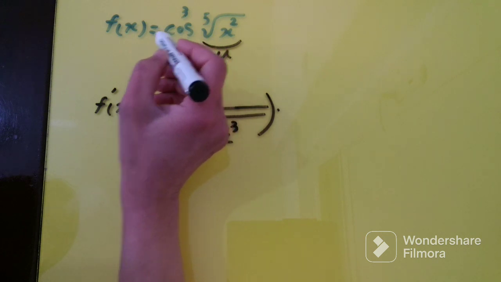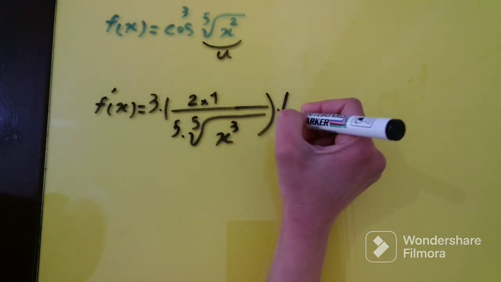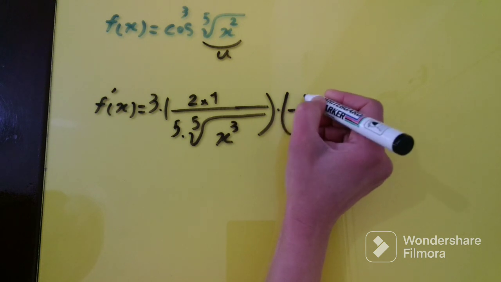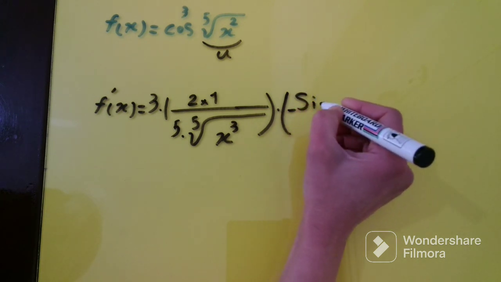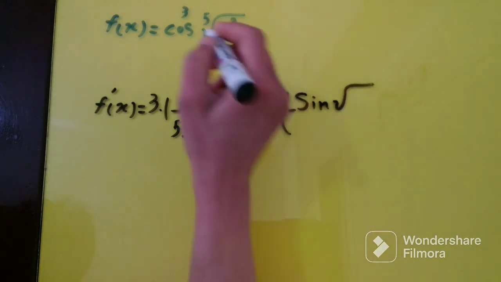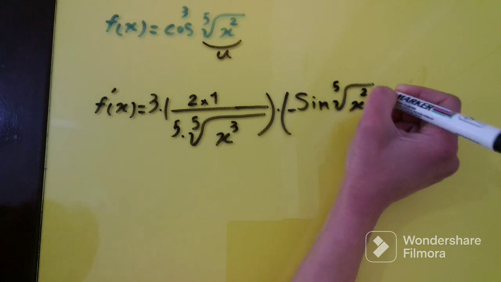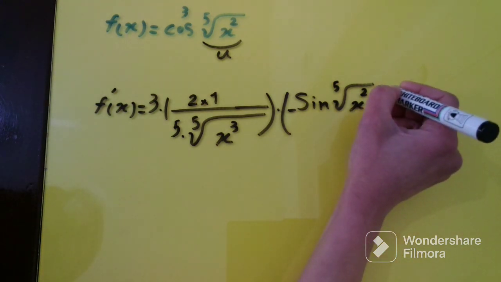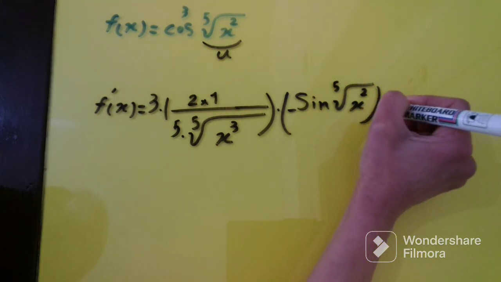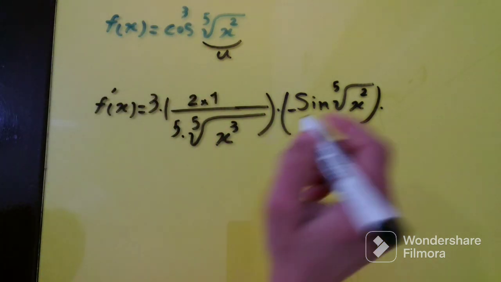The derivative of cosine is negative sine of x squared. Times, no, you should reduce the power by 1.